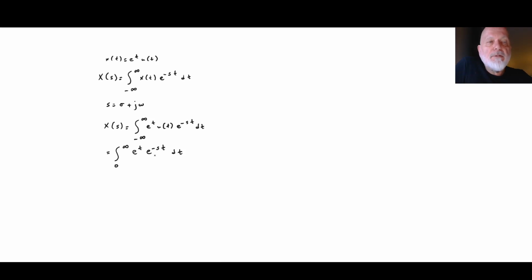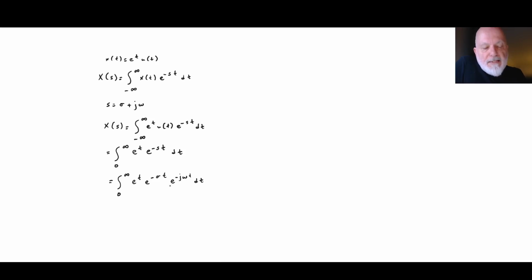Its real and imaginary parts are sinusoidal functions. So the only role played in the evaluation of this integral is the role of sigma. Okay? So from 0 to infinity, we have e to the t, e to the minus sigma t, e to the minus j omega t, integrated with respect to t.